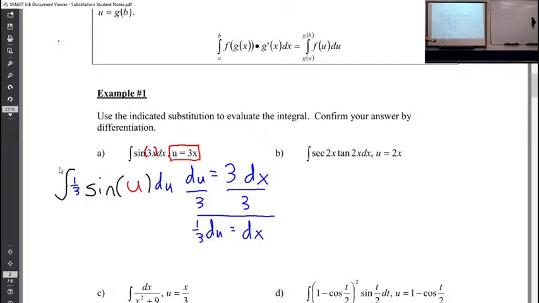But the good news is that whenever I have a constant out in front, I've been saying this the last couple days and that it's going to come up. Here it is. When I have a constant out in front like this, I can just take it and bring it outside of the entire integral. So I can just take the 1/3 and not even worry about it when I'm doing the integral.